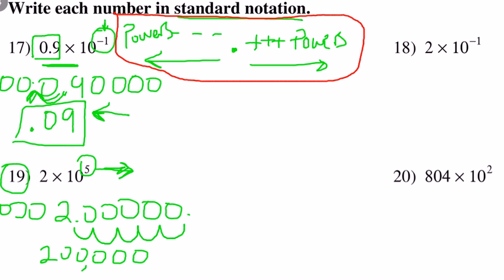So 2 times 10 to the 5th power is just the same as saying our big number down here, 200,000. I guarantee you, if you take 2 and multiply it by 10 to the 5th power, we will indeed get 200,000. Just like if you were to take on 17, 0.9 times 10 to the negative first power, we will get 0.09.